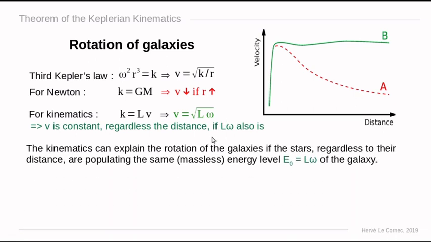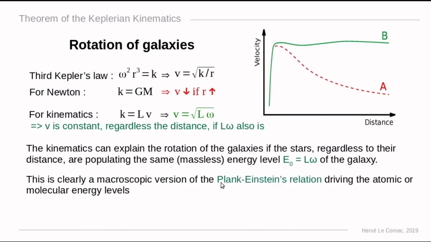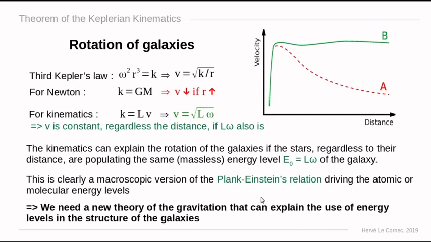So the kinematics can explain the rotation of the galaxies if the stars, regardless of their distance, are populating the same massless energy level of the galaxy. This is clearly a macroscopic version of the Planck-Einstein relation driving the atomic or molecular energy levels. So we conclude that we need a new theory of gravitation that can explain the use of energy levels in the structure of the galaxies.